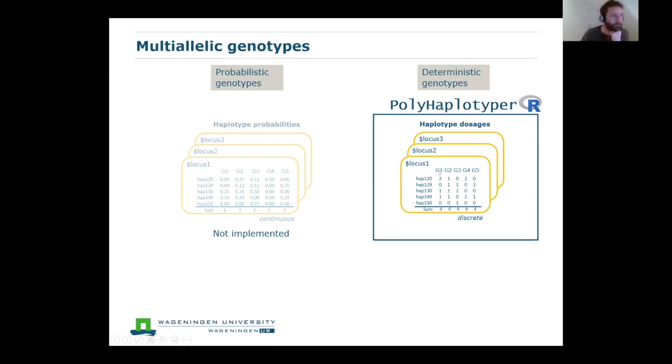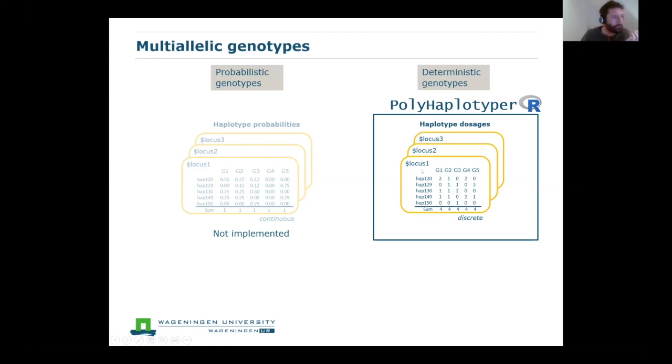So for example, here G1 is the first individual, and it will have 2 dosages of this haplotype, probably 120, and 1 dosage of this haplotype here, 130, and 1 dosage of the haplotype 149. Those form 4 because this is a tetraploid individual.